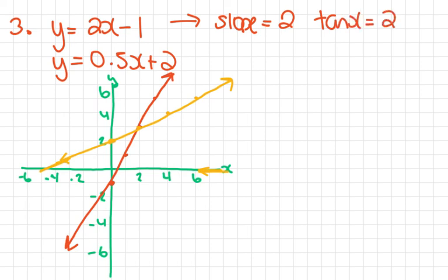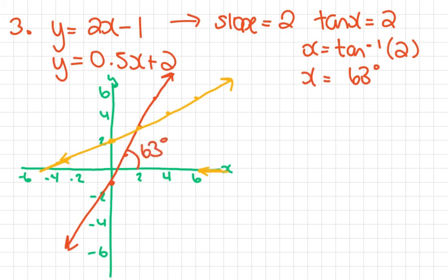To find missing x, we can use the inverse ratio. X equals tan inverse of 2. Type that into your calculator and you will get 63 degrees. So that means this orange line makes an angle of 63 degrees with the x-axis.